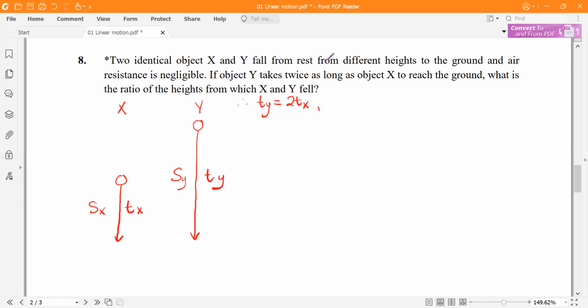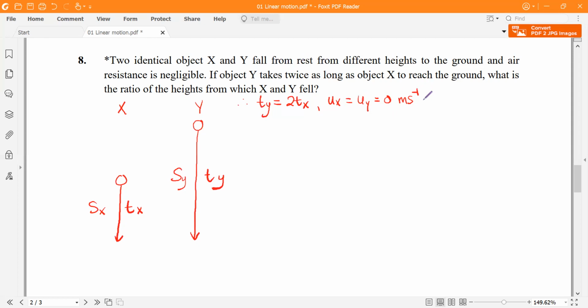And both objects fall from rest. That means my Ux and my Uy should be equivalent to 0, in meters per second.